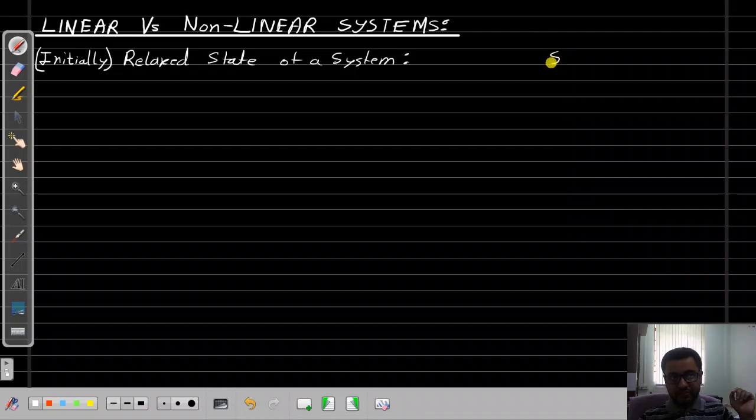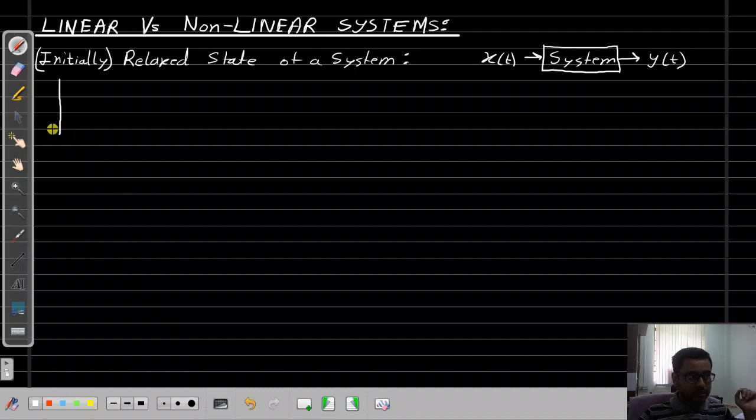Consider a system with input x(t) and output y(t).